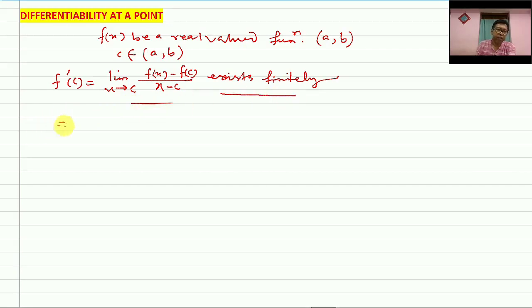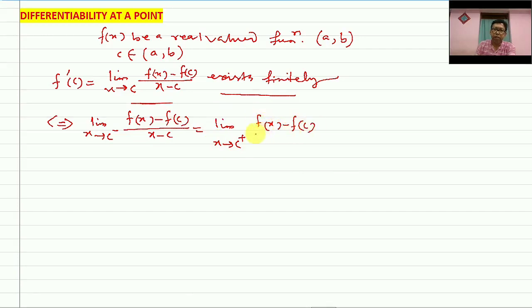It indicates that limit x tends to c minus of f of x minus f of c upon x minus c is equal to limit x tends to c plus of f of x minus f of c upon x minus c, isn't it?